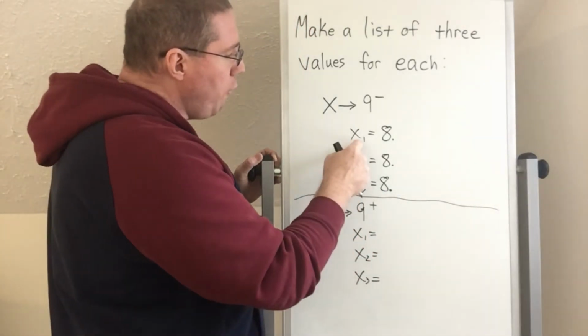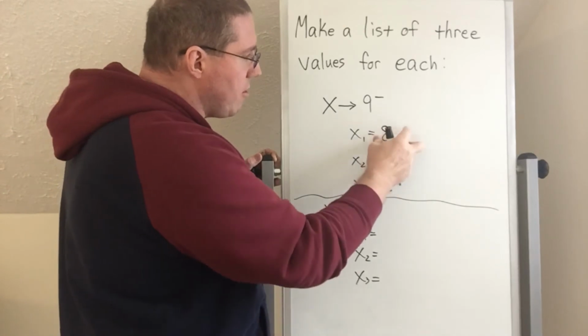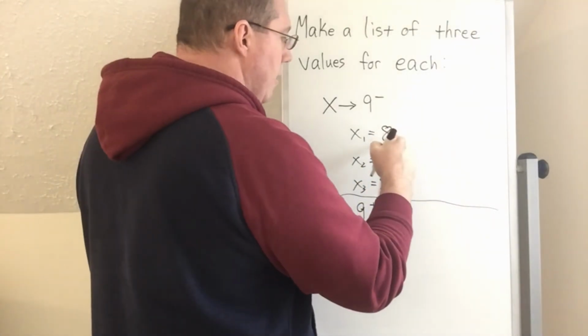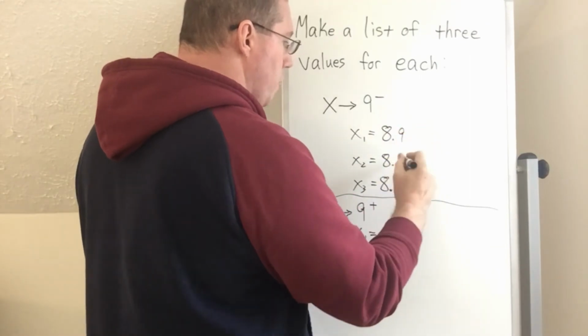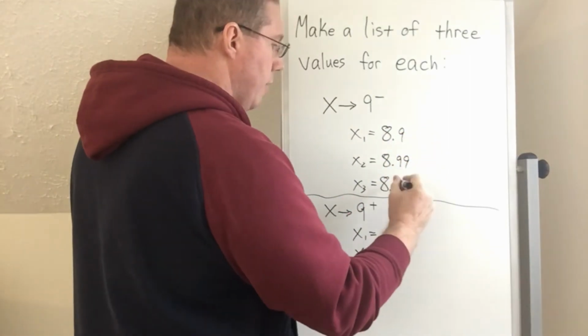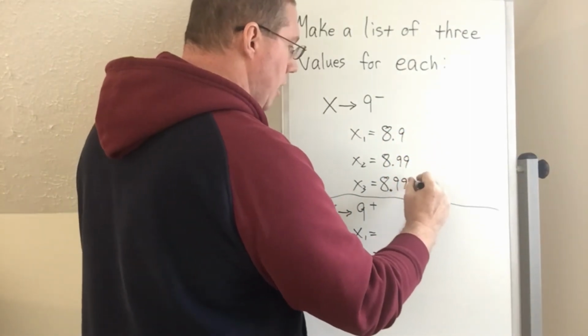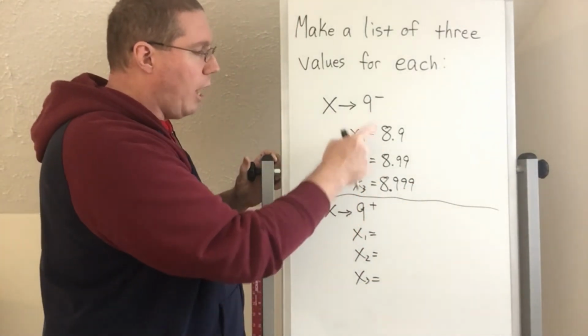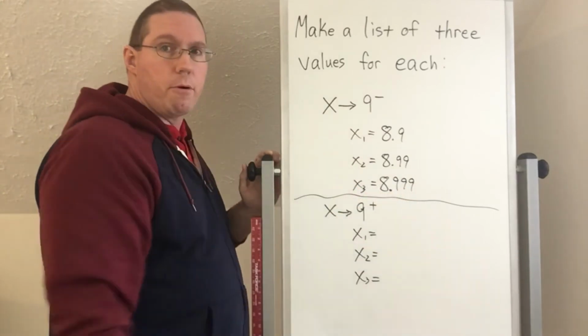And as we go from x1 to x2 to x3, these numbers have to get larger, larger, and larger. And one very easy way to do that is to make this one 8.9, this one 8.99, and this one 8.999, okay? So we're getting incrementally closer to 9 from the smaller number side.